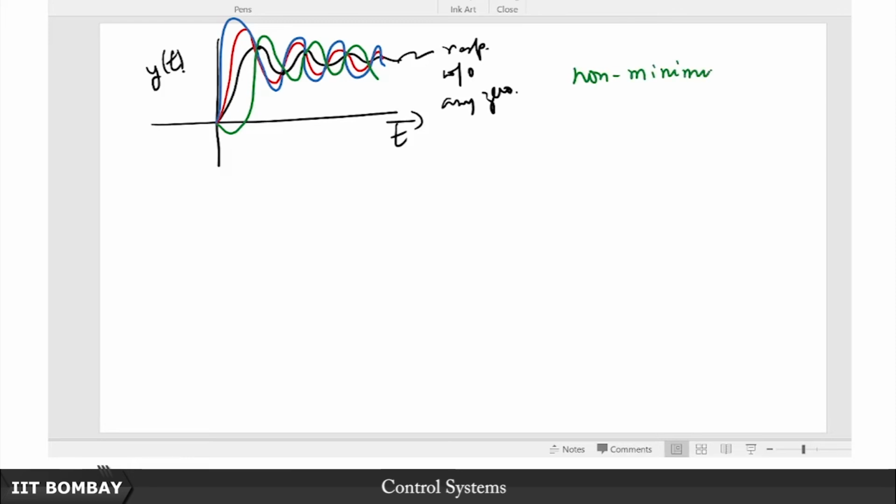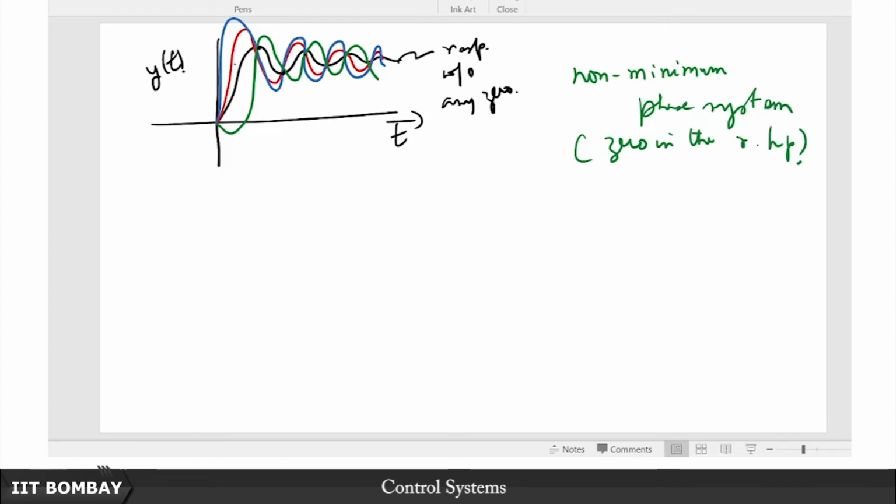non-minimum phase system. Again, why we are using this term will be clear later when we do frequency responses. So this comes from the so called non-minimum phase system, which means a 0 in the right half plane.